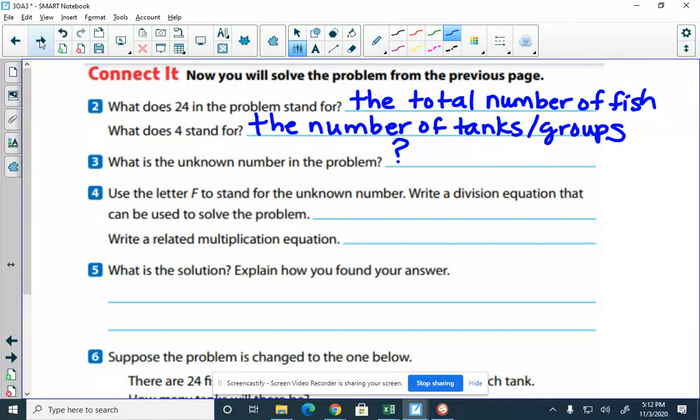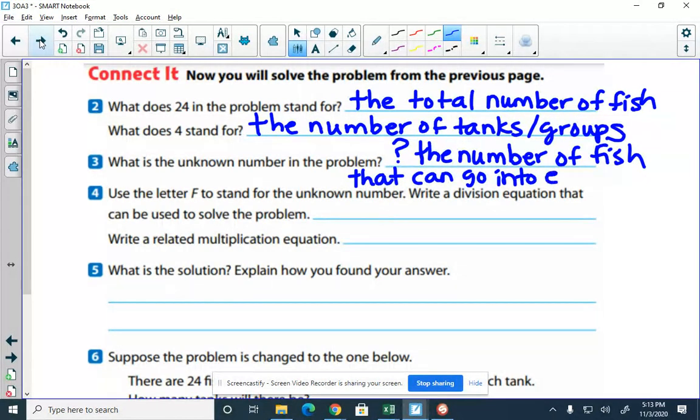So the unknown number in the problem is the number of fish that can go in each tank. We might know it in our head, but that's not part of what was given to us in the problem.